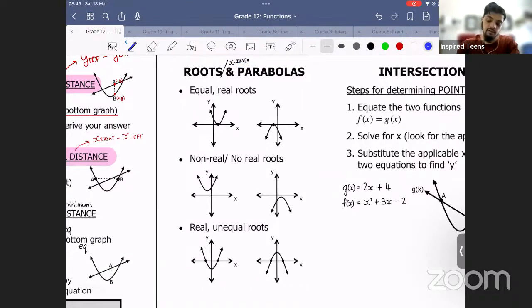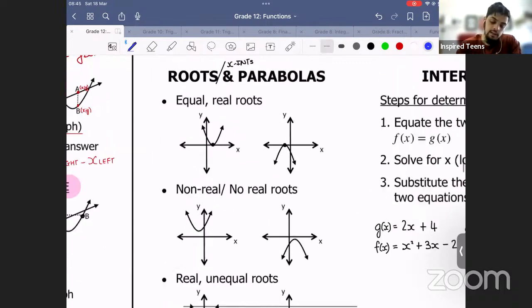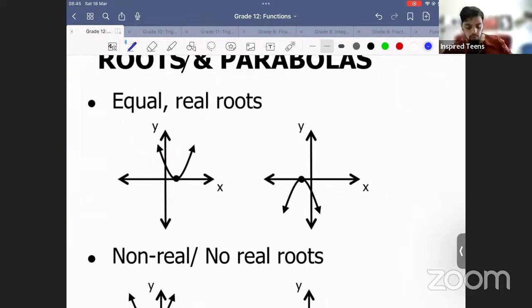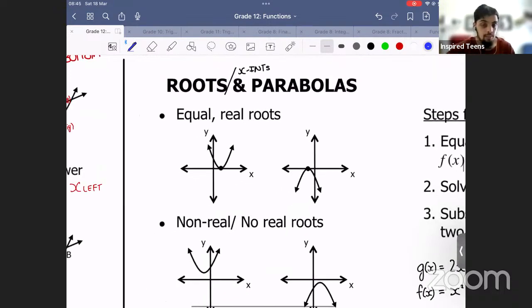So let's have a look at the first example, right? It says equal real roots. So I think, if I'm not mistaken, in the very first lesson, we discussed roots and what they mean, and we even discussed them in terms of parabola. So we're going to look at them once again, right? So equal real roots is basically real.